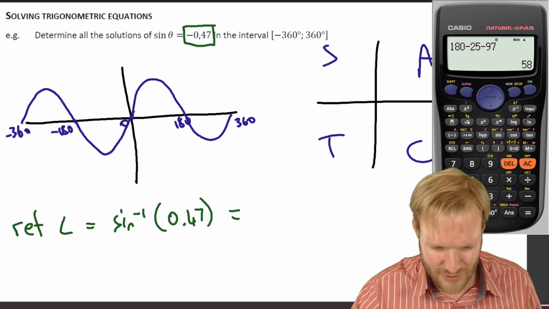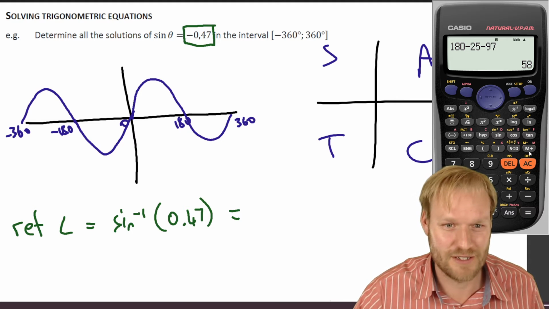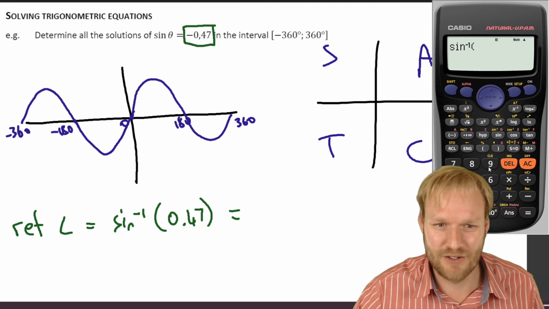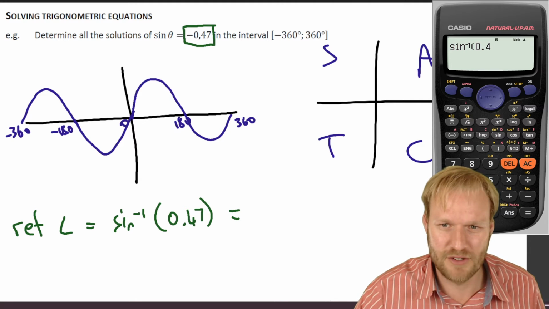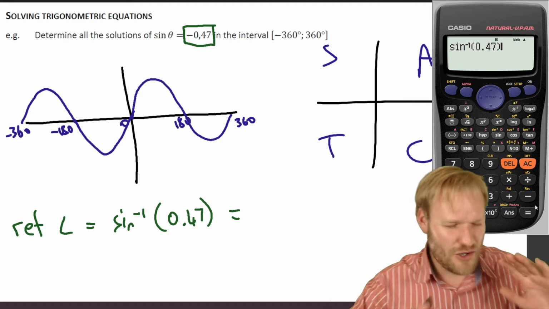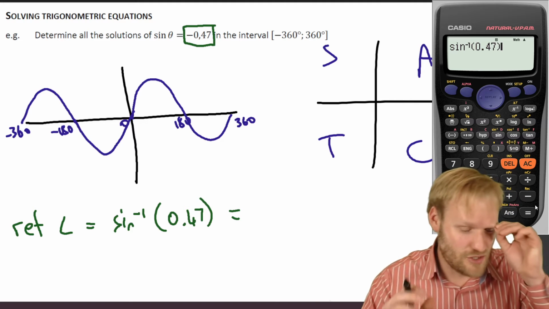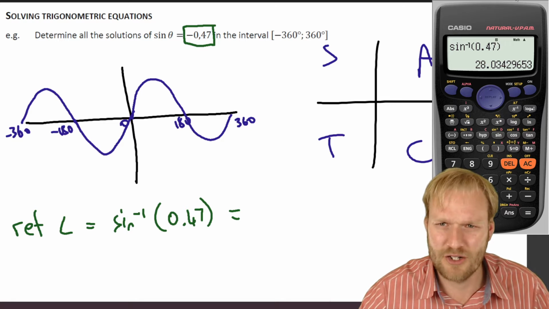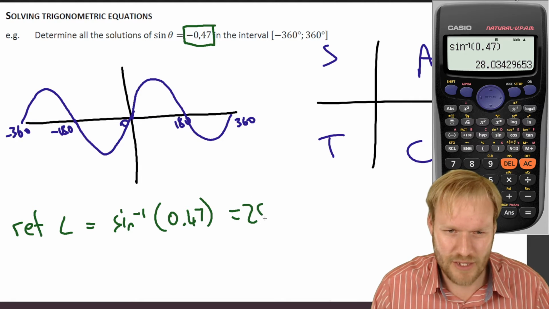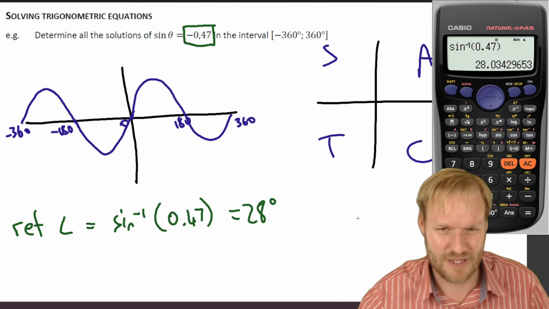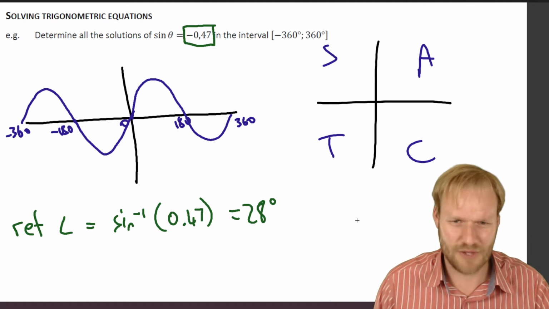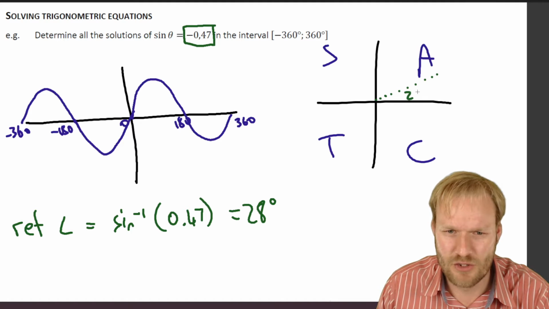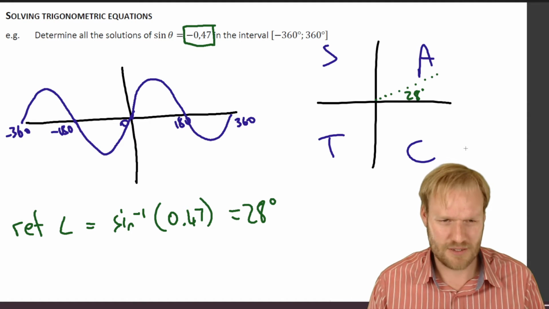I'm going to go shift sine of 0,47, to no decimal places, just to the nearest degree. What do you get? Well, 28 comma something or other. So 28 degrees is our reference angle.